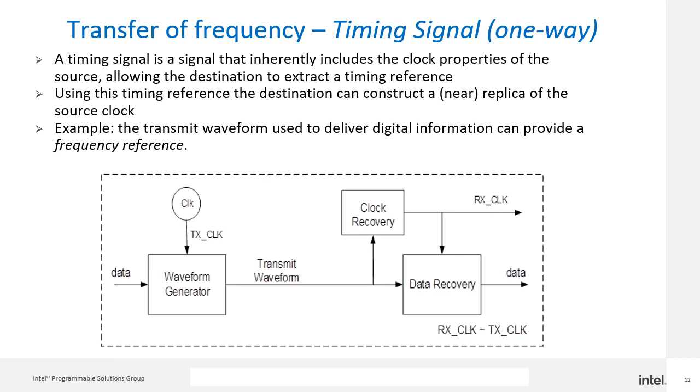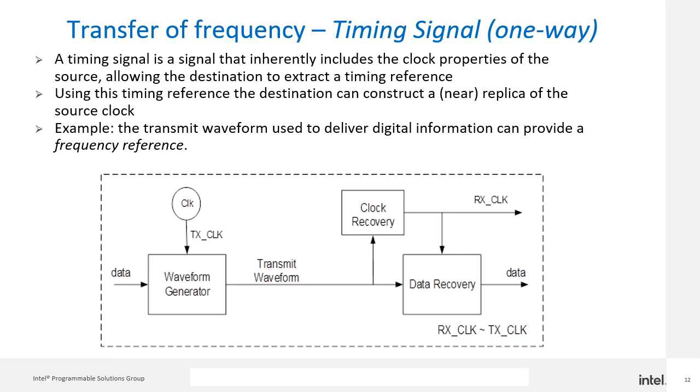The source or transmitter clocks out the bits using a TX clock, which is its clock. The waveform goes to the receiver, where in order to extract the information, he has to do a clock recovery operation so that he can identify what is the bit interval and what is a good place within the bit interval to take a sample to get a decision on whether it's a digital 1 or a digital 0.